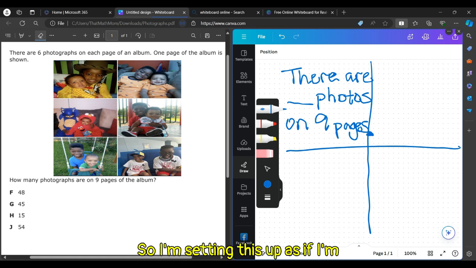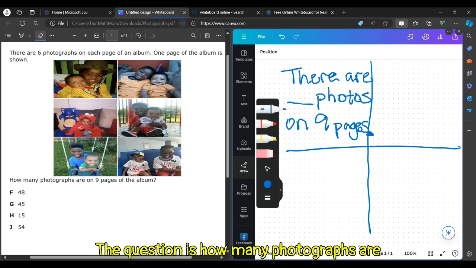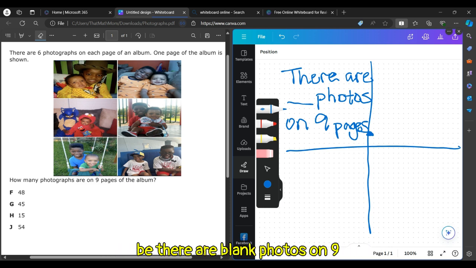So I'm setting this up as if I'm answering that question. Again, the question is, how many photographs are there on 9 pages? So my response will be, there are blank photos on 9 pages. That's just a great way to check and make sure that your child understands exactly what the question is asking. Now we're going to move to the next section that's on the right.